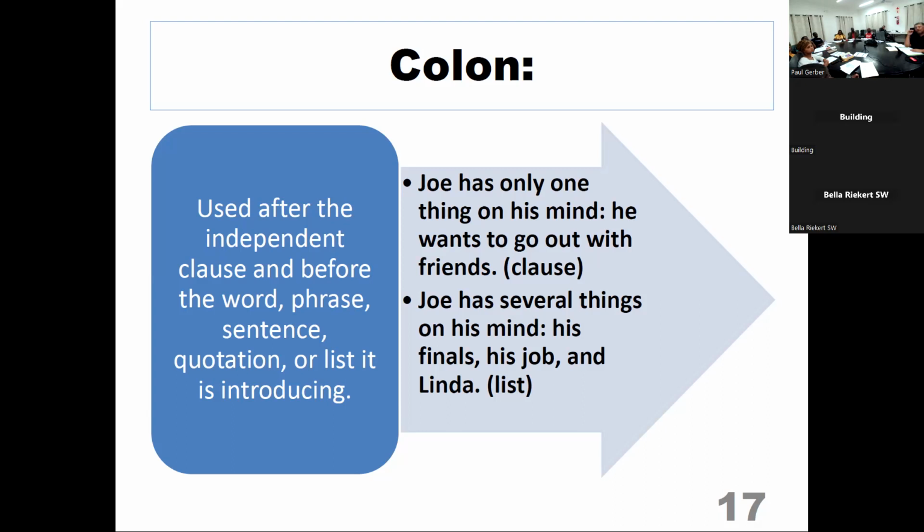It says Joe has several things on his mind, right? But now they don't use the comma there because what is happening? It's a list that he's got on his mind. It's a list of things. So what you do is you put a colon there, and then you list the things with commas in between. You see, that's why we don't use the comma. We use the colon instead of a comma, because it's introducing a list. Okay.